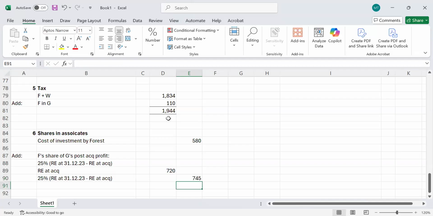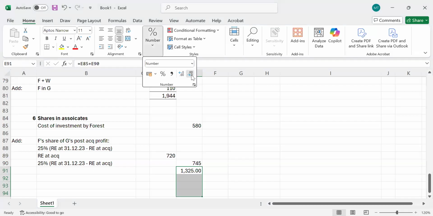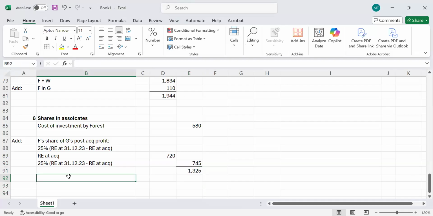So 745 million, this will be added in the cost. And then the final thing, we will remove the goodwill impairment, which we have already calculated.